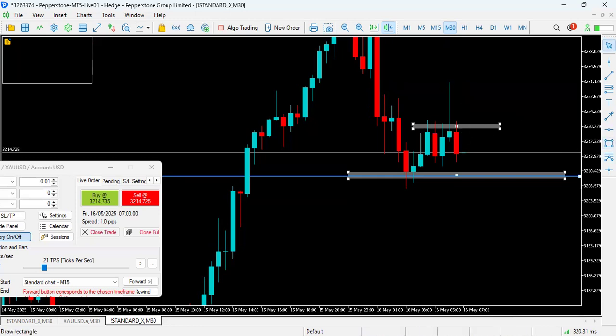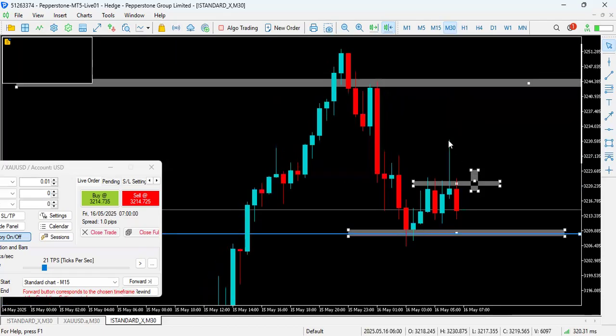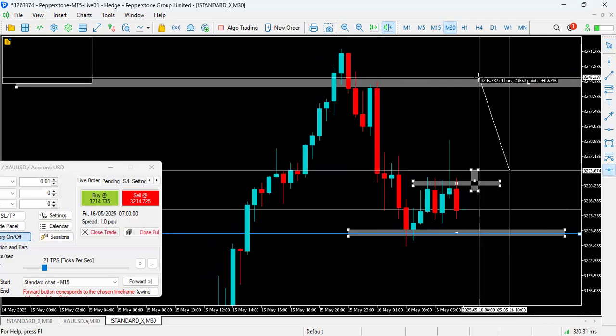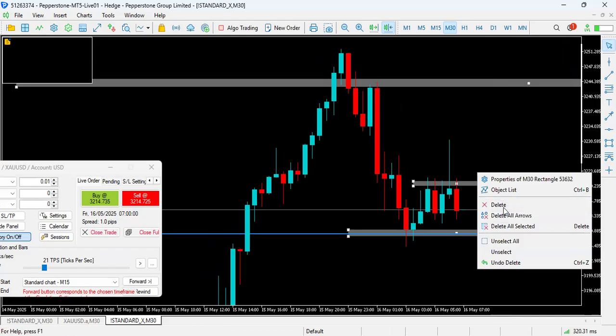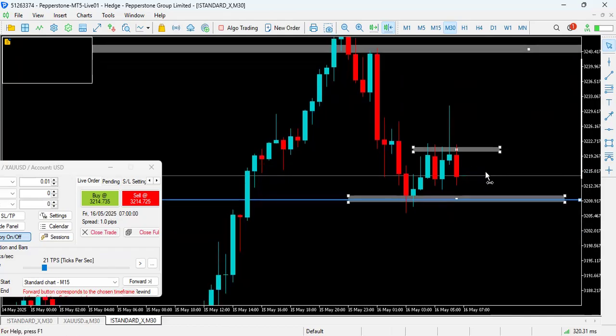Anything that breaks and closes above this resistance, you can expect a clean traffic to the left, and you can expect the upward move, which is about 216 pips. But I prefer to go for down because our initial bias is bearish from the daily perspective.